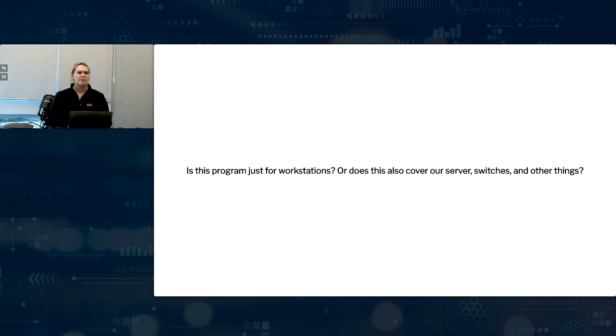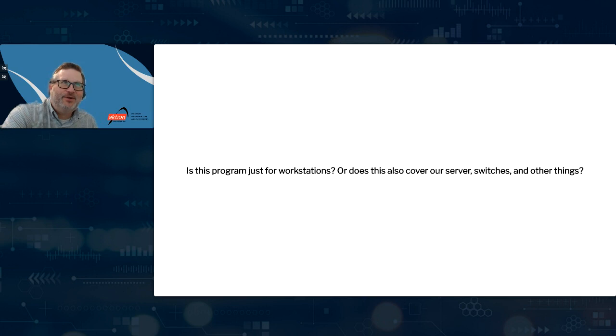Is this program just for workstations, or does this also cover our servers, switches, and other things? Today, we've rolled out the program for endpoints. So that's workstations, PCs, and laptops. We find that those are the machines that most need a strategy overall for a percentage being replaced a year.